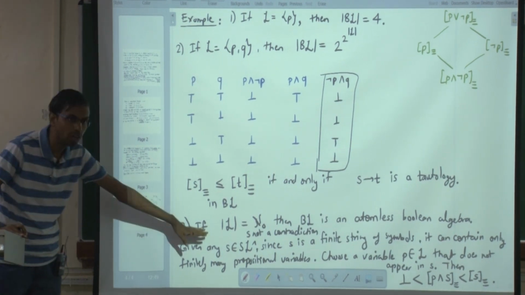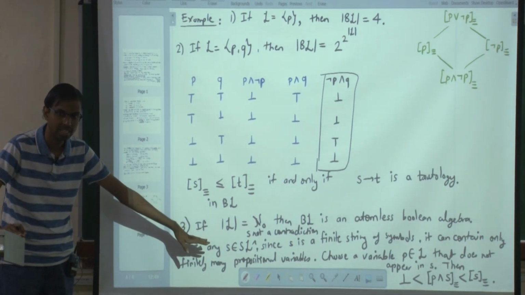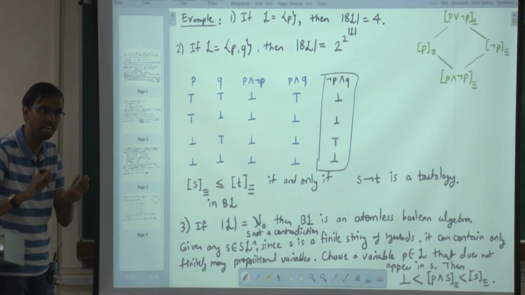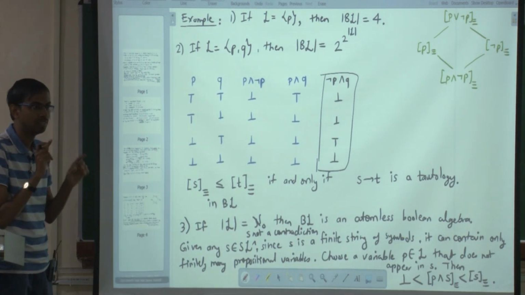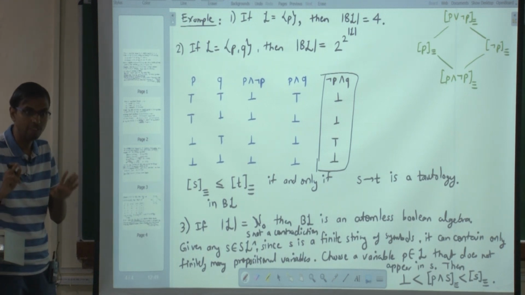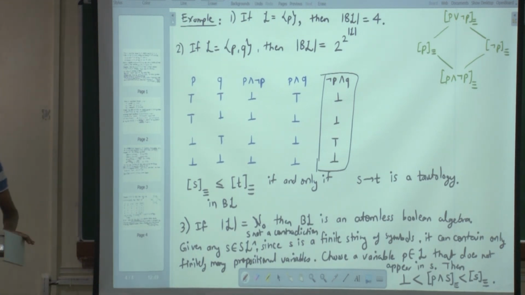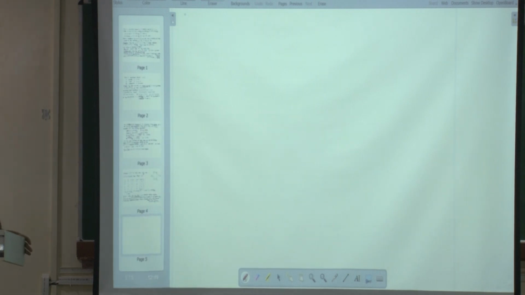Now, S is not a contradiction, right? So, therefore, there exists a valuation V which makes S true. It is not a contradiction, which means there is a valuation. Let me quickly write this down. Since S is not a contradiction, there is a valuation V such that V of S is equal to true.